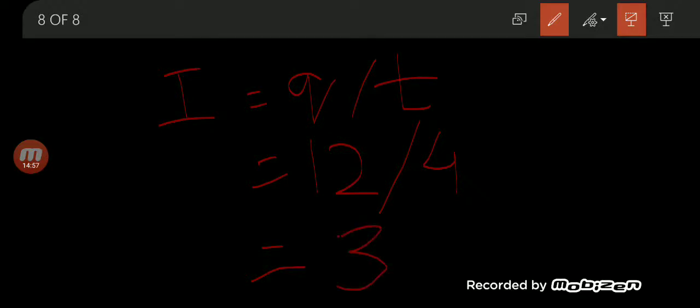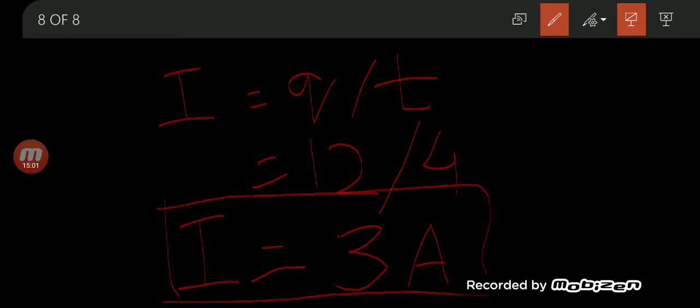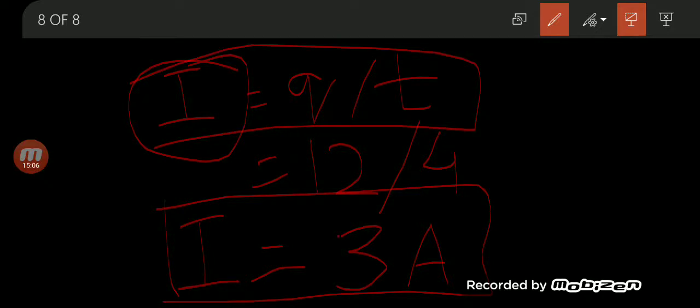The answer is 3 ampere. Simple. I is equal to 3 ampere. You just have to know the equation. I will give you the data.